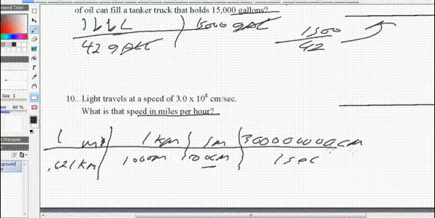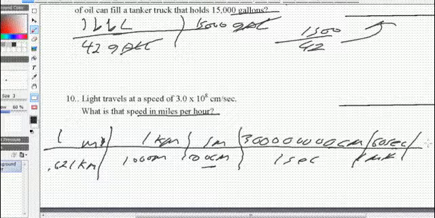I'm trying to get to hours, so I got to convert that. 60 seconds is a minute. And 1 minute, sorry, there are 60 minutes in a what? Hour. That's messy.